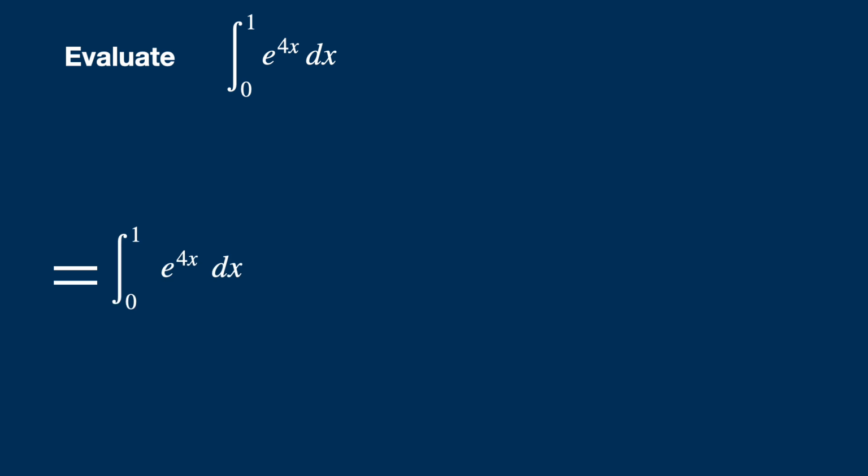Because the power of e is 4x. So u equals 4x. Then we substitute dx too: du equals 4 dx, so dx is replaced with 1 over 4 du.